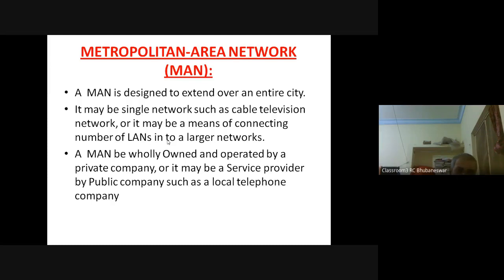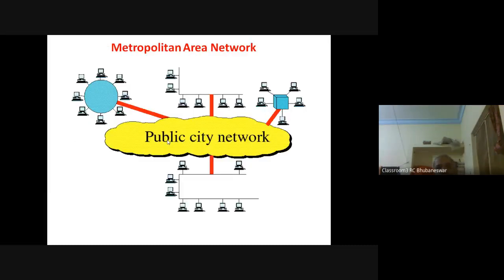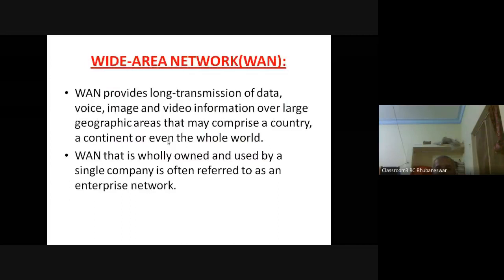Any doubt? A local area network is extended within a single building or campus, and if it is extended over an entire city, then it is a metropolitan area network. Then the wide area network provides long-distance transmission of data, voice, images, and video over a large geographical area, like within a country or continent or all over the world.